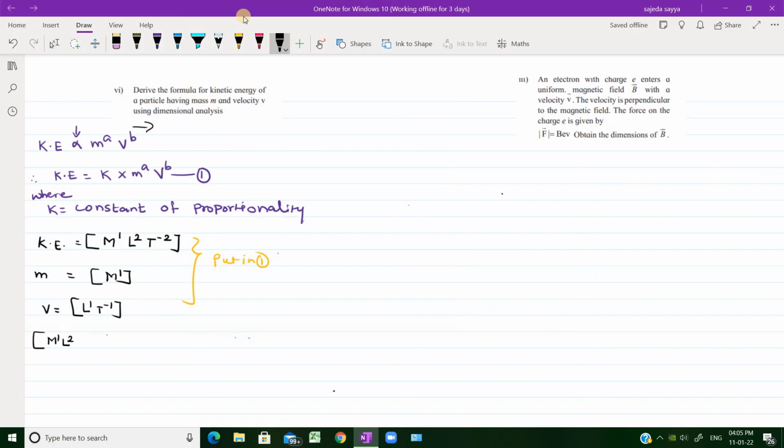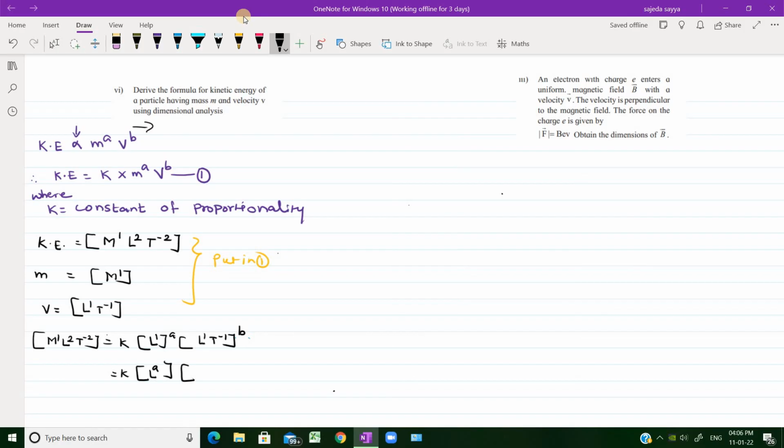M1 L2 T raised to minus 2 equals k into M raised to 1 a, L raised to 1 T raised to minus 1 raised to b. On simplifying, we get L raised to a into 1, that is L raised to a.